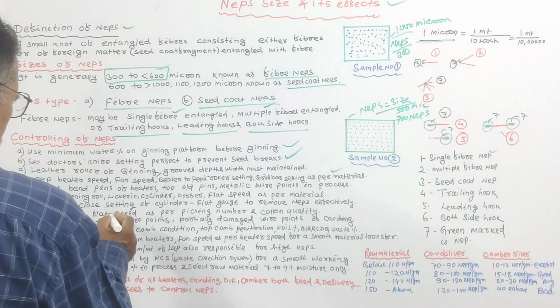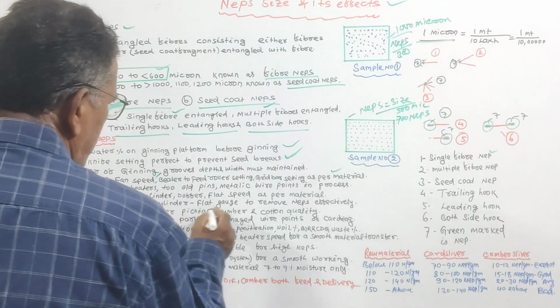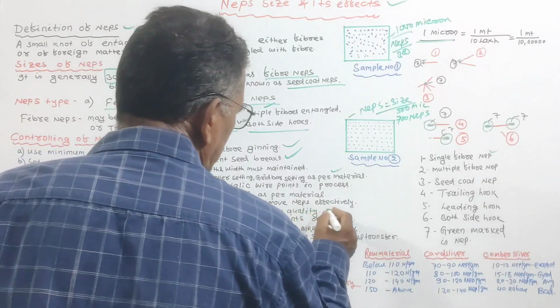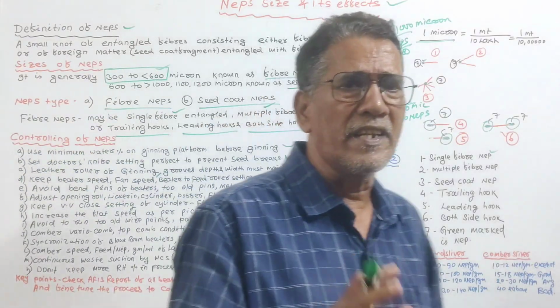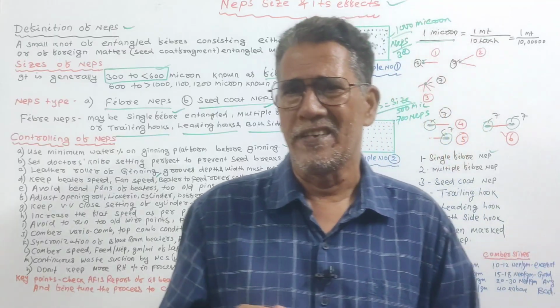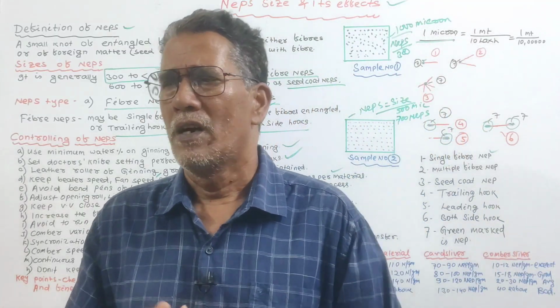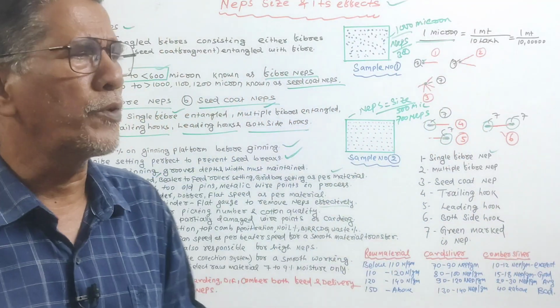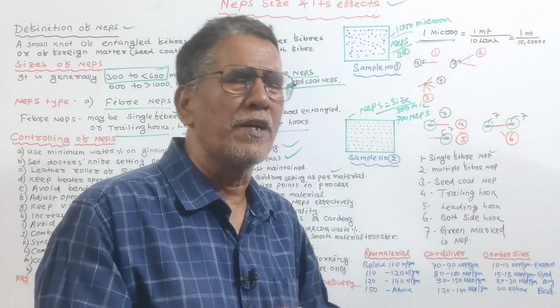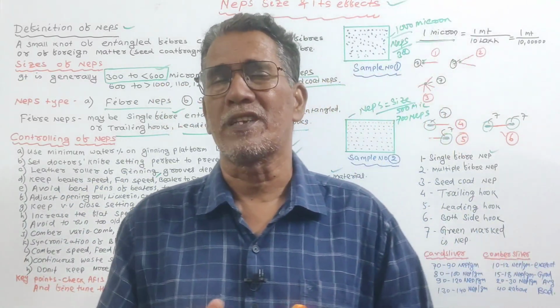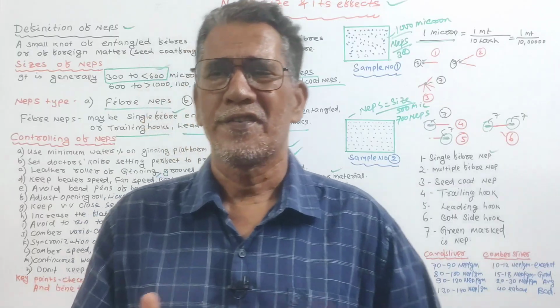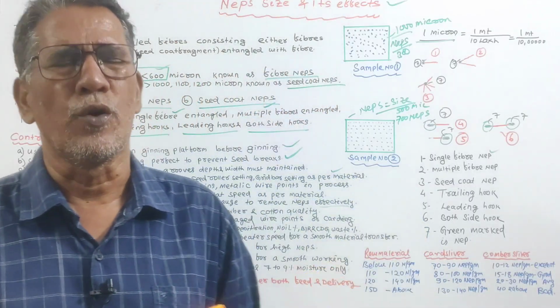Keep a very, very close setting of cylinder to flat gauge to remove naps effectively. Regarding cylinder to flat gauge, it should be minimum. Suppose in cotton we have kept 0.25. In case of flat to cylinder gauge in thou, 7, 8, 9 is good.